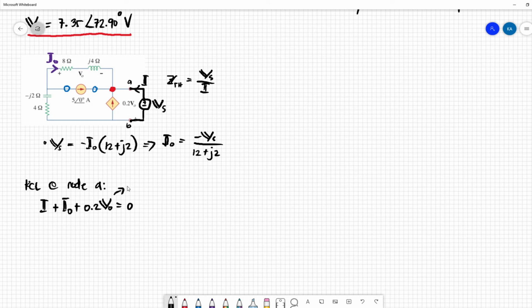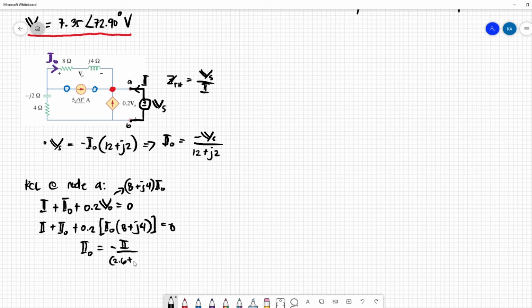So VO is equivalent to 8 plus j4 times IO. So we have I plus IO plus 0.2 IO times 8 plus j4 equal to 0. Or we can express IO in terms of I as negative I over 2.6 plus j0.8.